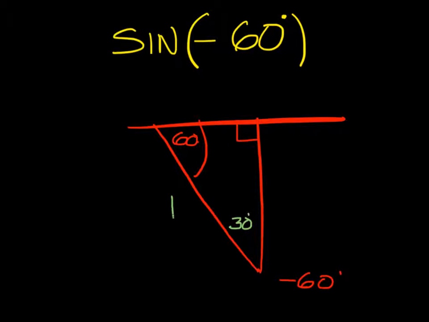And in the unit circle, this would be 1. The short leg would be half of that. And the long leg is square root of 3 times the short leg. So it's square root of 3 over 2, but you're dropping down below the x-axis. So this would be negative.